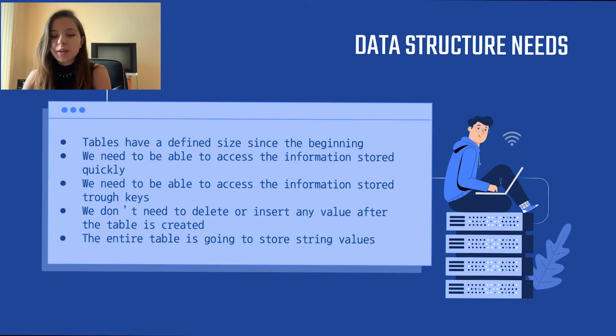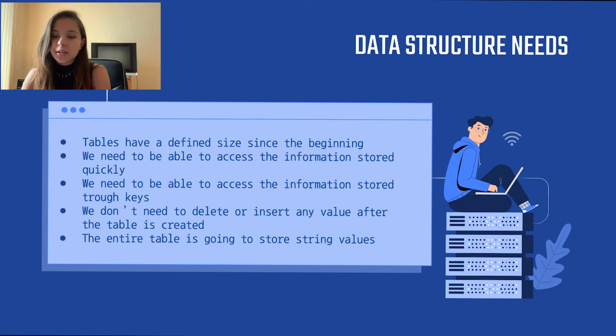Then we need to be able to access the information stored quickly. As we said, the speed is a priority for this project, so we need to access the information quickly, and we can use that as an advantage to be able to access the information through keys, because with a single number you can get an element from the table that you're looking for instead of going through each element to find the one you're looking for.